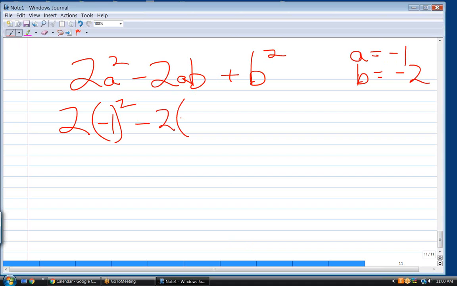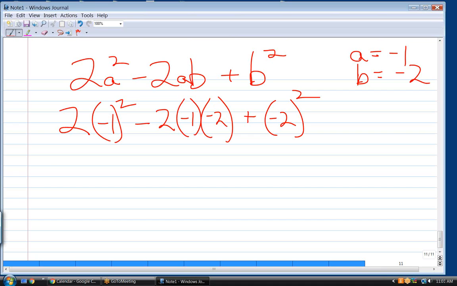In other words, A is still -1, B is -2, and B is -2. Okay, so my very first step is all I've done is substitute in parentheses, and now my second step is going to go through and simplify this.